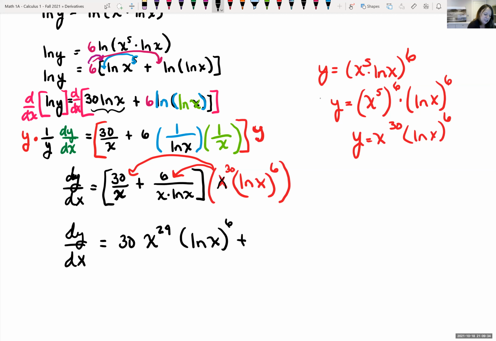Plus, when I distribute it to the second parentheses, I have an x in the numerator, x to the 30th divided by an x. So again, I have an x to the 29th. Oops, and I have a 6 in the numerator too. And then I have one natural log of x in the denominator, but I have 6 of them here. And so that's going to leave me with 5 natural log of x's.